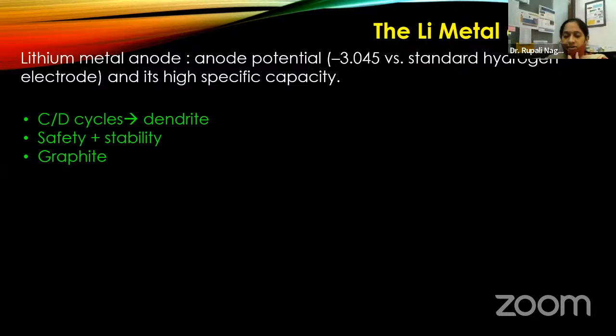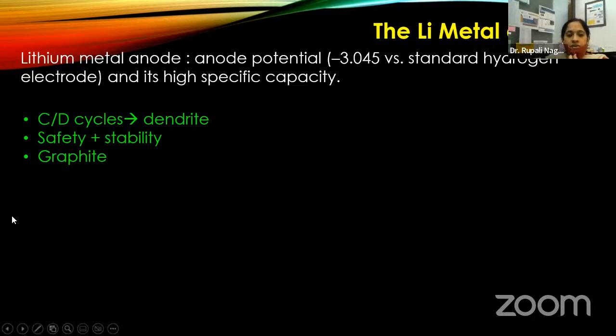Once this piercing happens, electrons find a channel to go to the other side, not via the external circuit, but through the internal circuit. Because of a sudden rush of electrons, the device can get heated up. It can also create a short circuit. It can also catch fire.